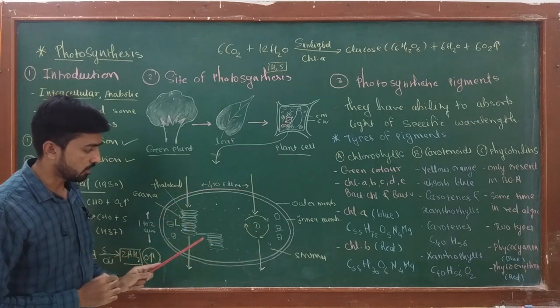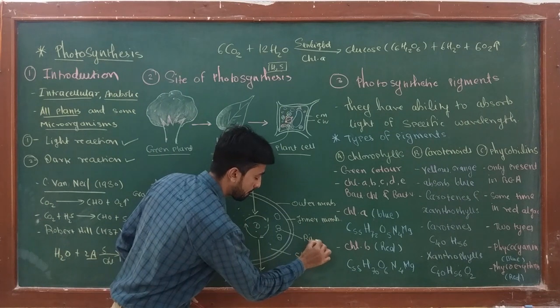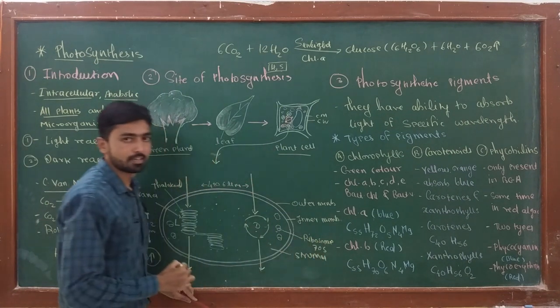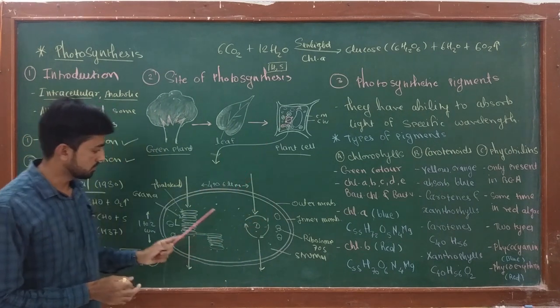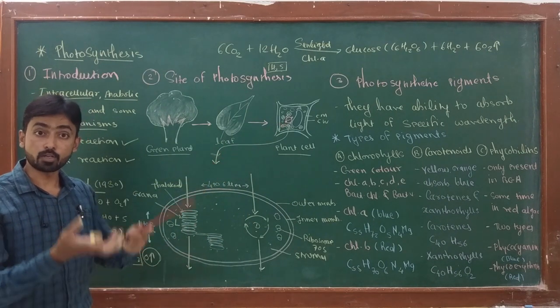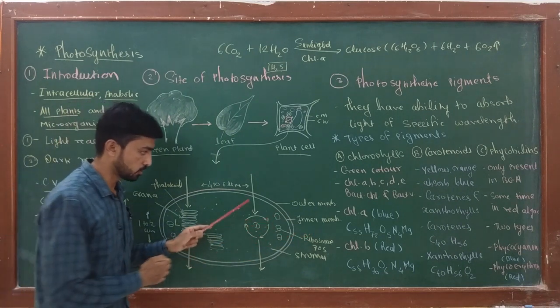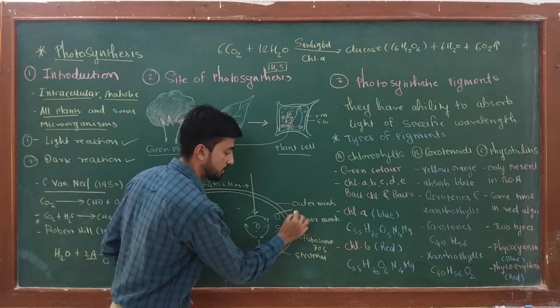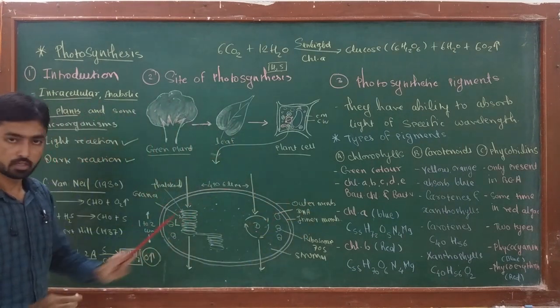Chloroplast also has its own separate ribosomes, which are 70S type. Generally, a plant cell is a eukaryotic cell which has 80S ribosomes, but chloroplasts and mitochondria present in the plant cell have their own DNA and their own 70S ribosomes. This chloroplast also has covalently closed circular DNA. This is the structure of the chloroplast.